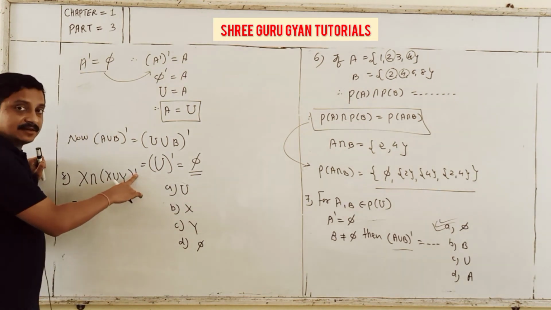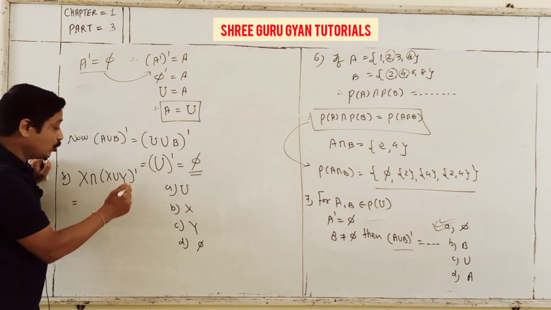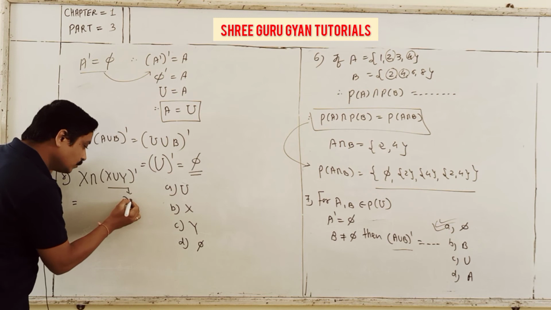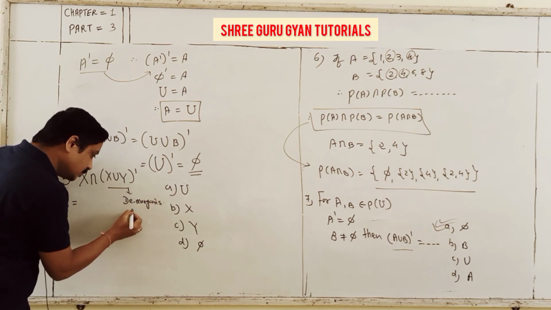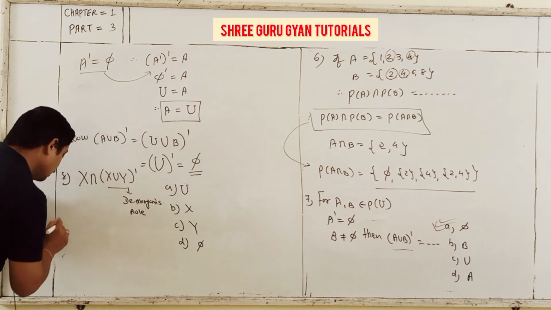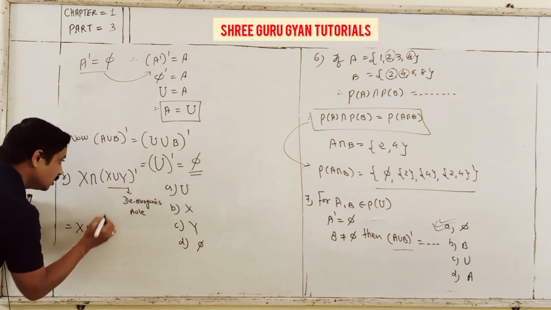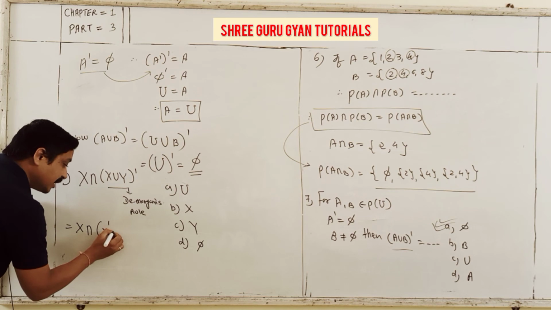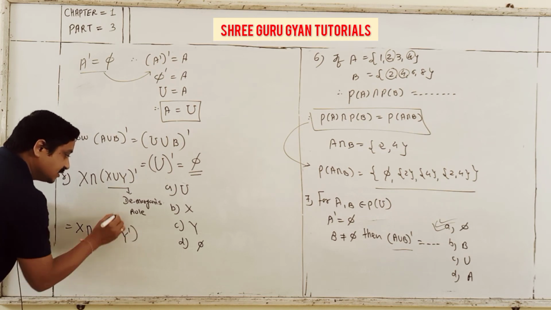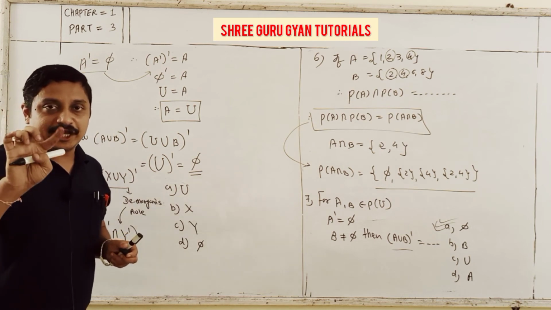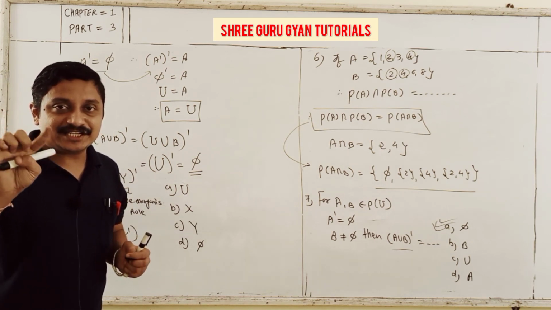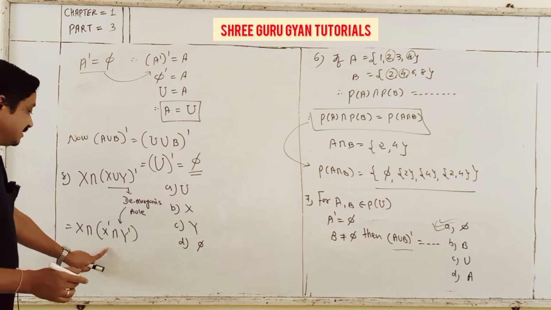Whole dash means going to your De Morgan's rule. So X intersection, here X dash union, write down intersection Y dash. This is your De Morgan's rule. Already explained: A union B whole dash is A dash intersection B dash, same as that.